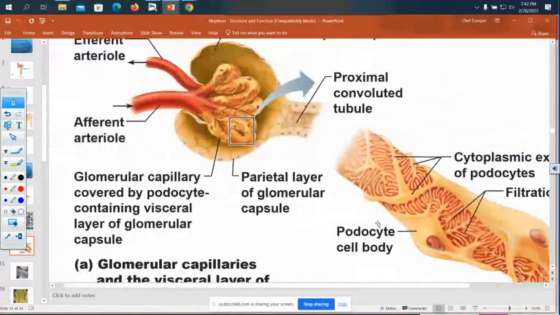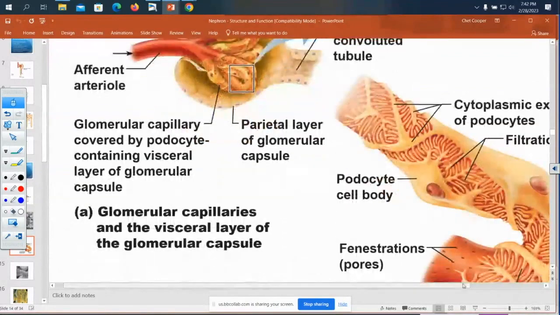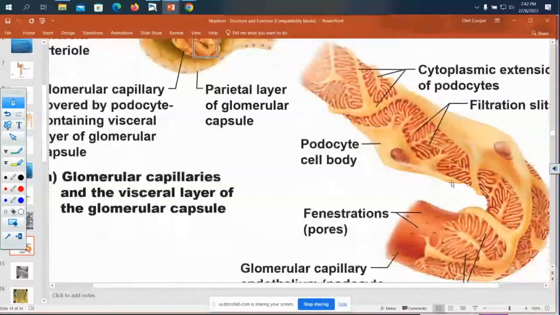But let me have you look at that for a second. That is crazy looking. This here that I'm going to show you right here, that is what the inside of Bowman's capsule looks like. It looks like a creature. It surrounds each capillary, completely surrounds it, and even has finger-like processes that wrap around the whole tube and surround it.